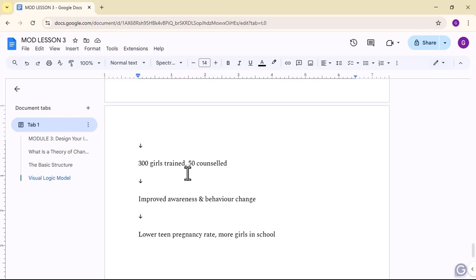In our next lesson, we are going to look at 3 real project ideas and turn them into fundable outlines using everything we have learned from lesson 1, lesson 2, and lesson 3. So grab your worksheet, turn your assignment from lesson 1, and use it also to create the visual logic model in this lesson 3.